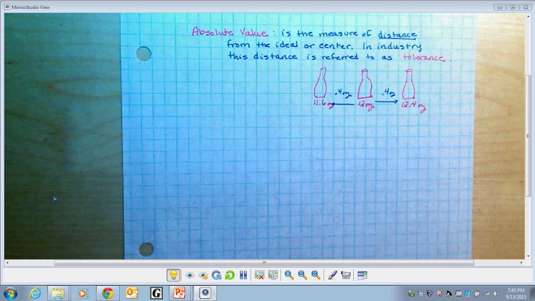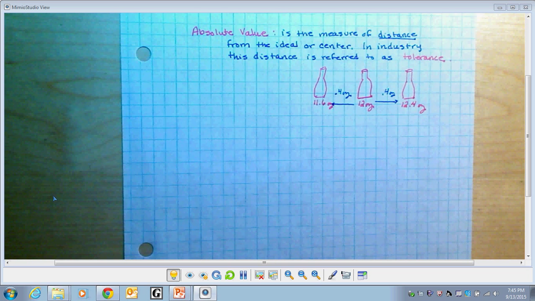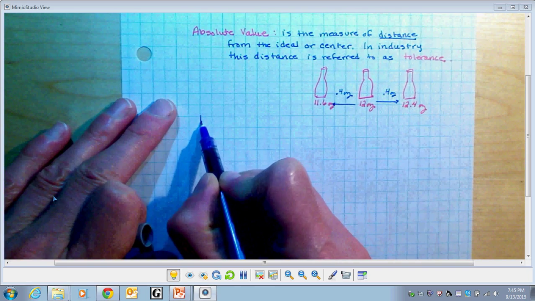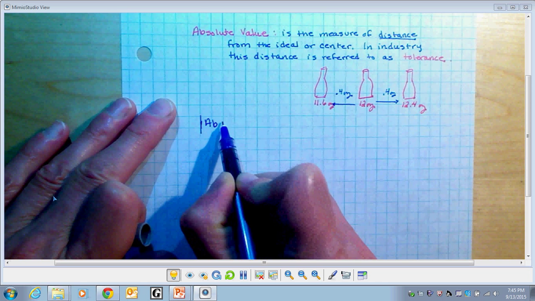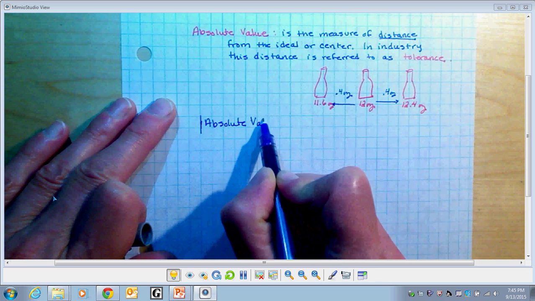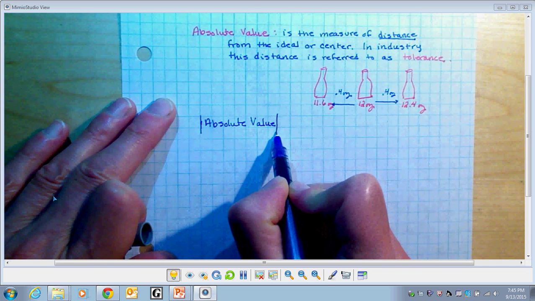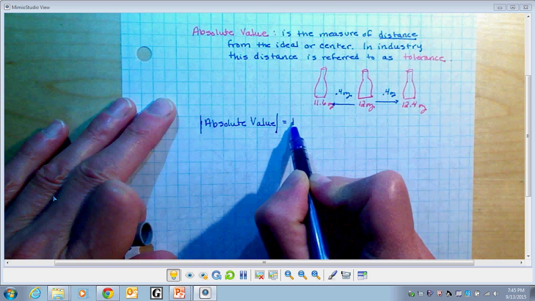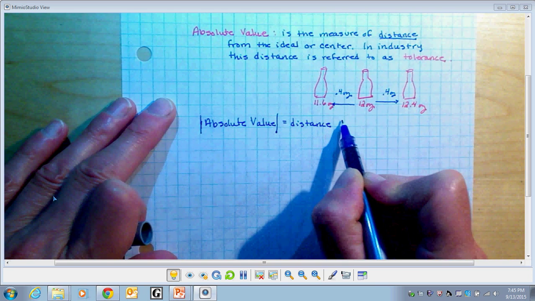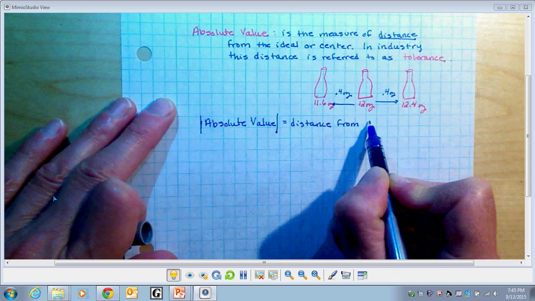So remember, the absolute value, by definition, is the distance from center. So let's write it like this. The absolute value is the distance from center.